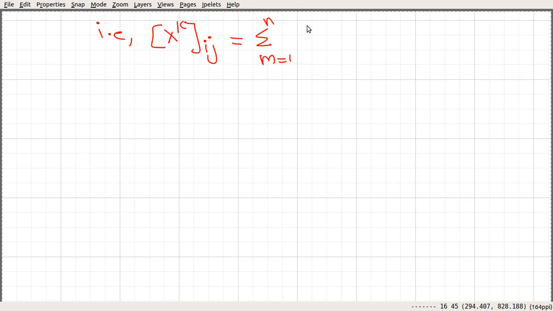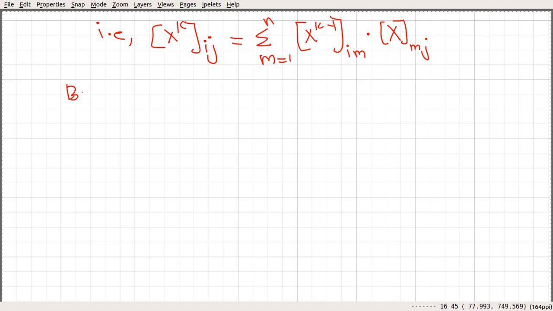Then we have the first part, x to the k minus 1, take the mth entry of this matrix, times the mjth entry of this matrix.